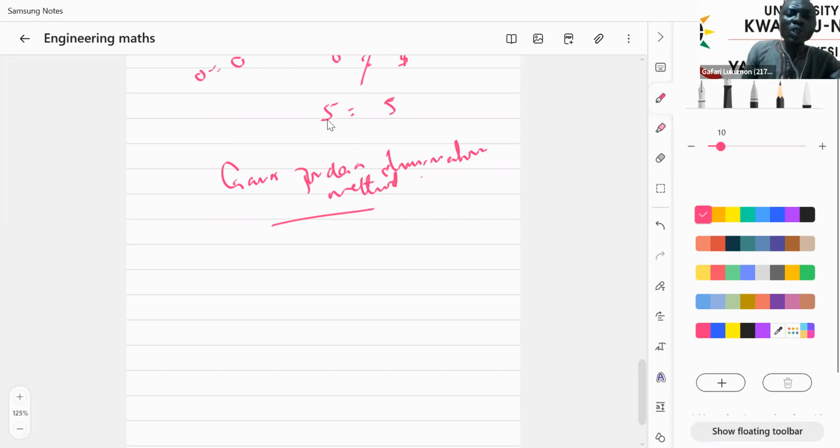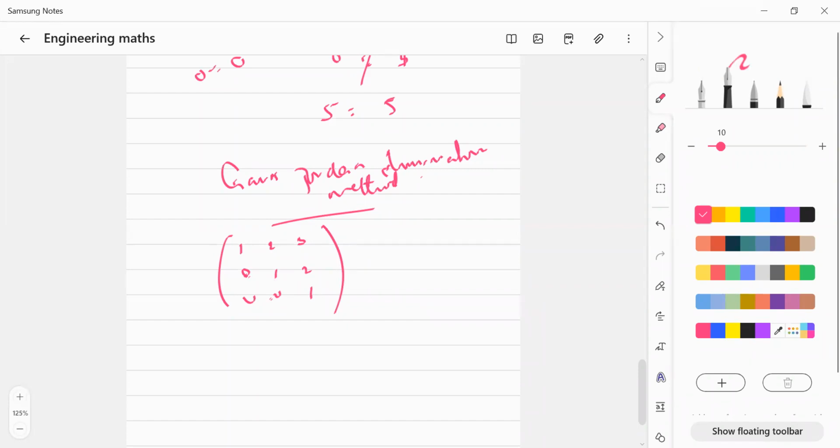When we say a row reduced echelon form, maybe I have something of this nature, maybe 1, 2, 3, for example. Then you have 0, 1, 2, 0, 0, 1. You understand now? So the first element of the second row is 0, and the first two elements in the third row are 0.